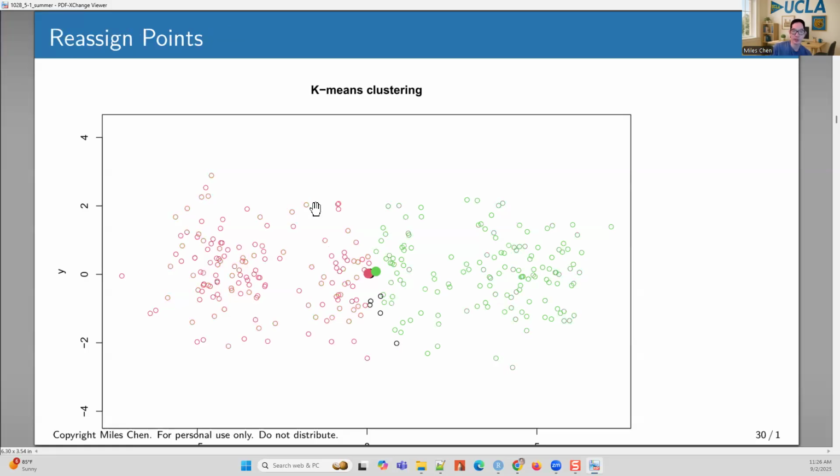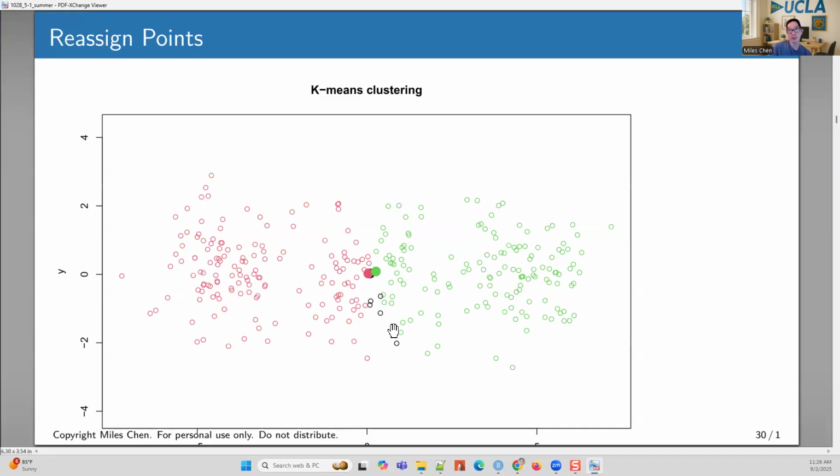So when we reassign the points, this is what ends up happening. All of these get assigned to green. All of these get assigned to red. And then there's just a very few points where it says, okay, cluster one in black has the closest centroid versus red versus green. And so just a few get assigned to cluster one, but that's okay.